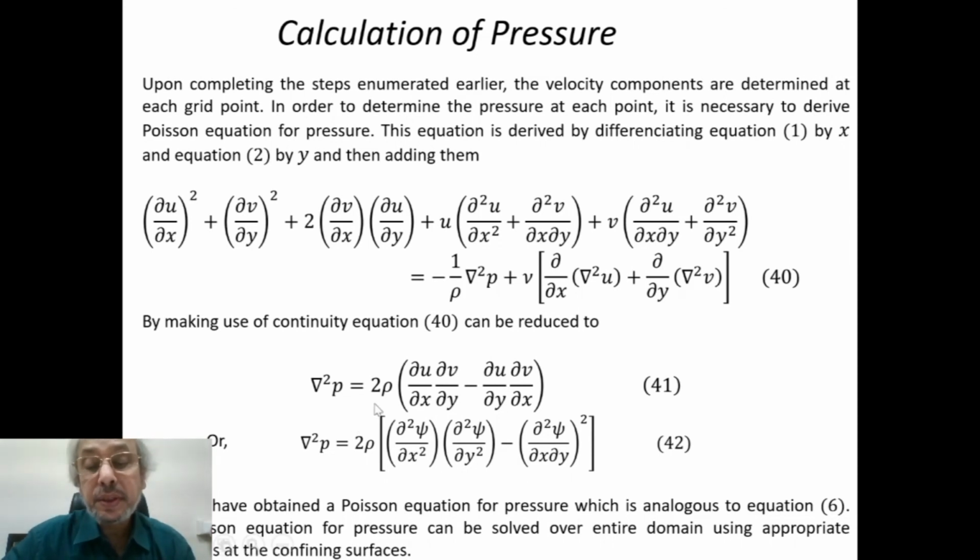So you can do those substitutions, and you will get grad square p equal to 2 by rho times [del 2 psi/del x2 into del 2 psi/del y2 minus (del 2 psi/del x del y) whole square]. And all these values are known. Local psi values at every location are known.